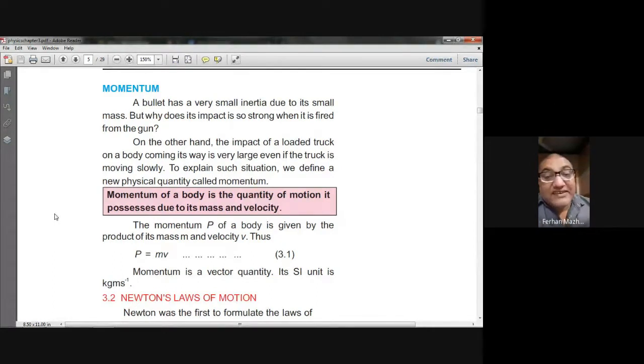And then imagine a locomotive hitting the car at a speed of 10 meter per second. Speed is the same for locomotive and for the cycle. So which will cause more damage? What do you think?